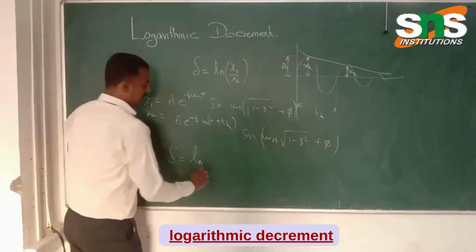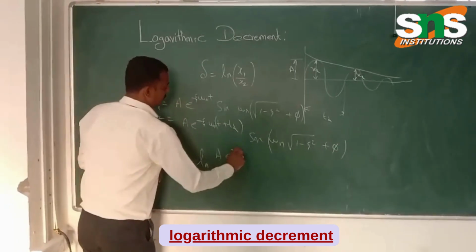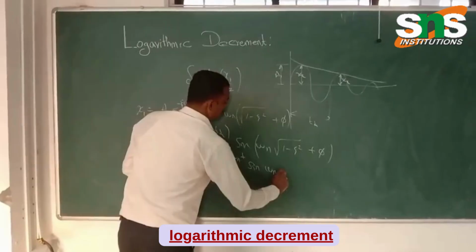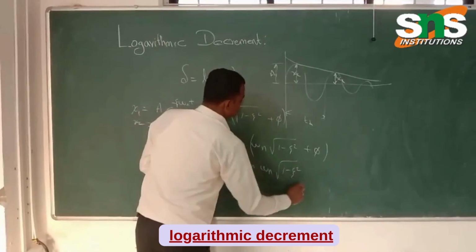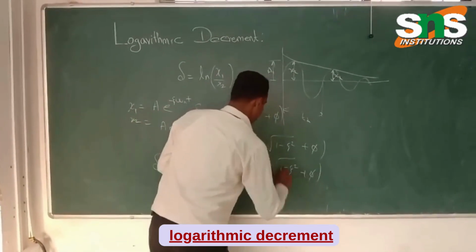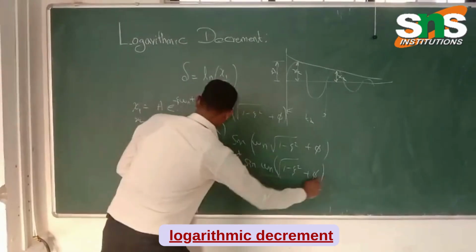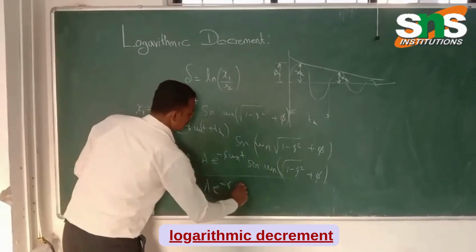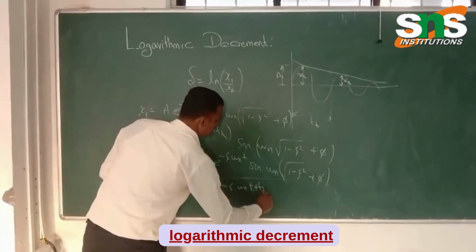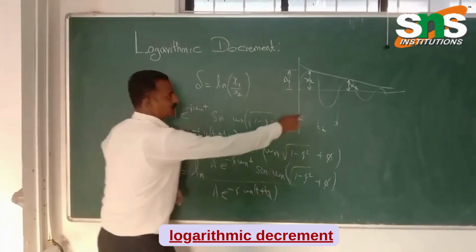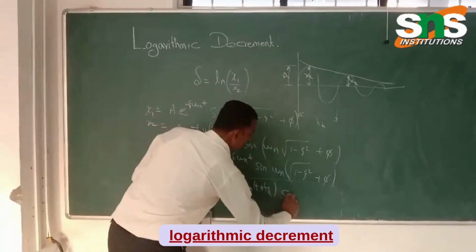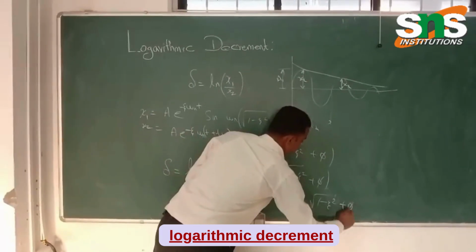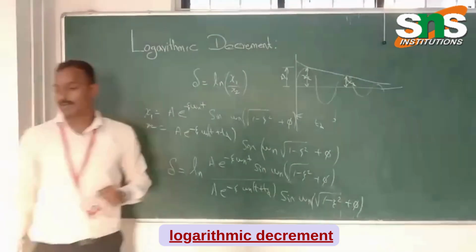If you apply this, you get A e power of minus zeta omega n t sine of omega n root of 1 minus zeta square t plus phi, whole divided by A e power of minus zeta omega n into t plus td. Here we get t plus td because of the damped time. Again sine of omega n root of 1 minus zeta square plus phi.